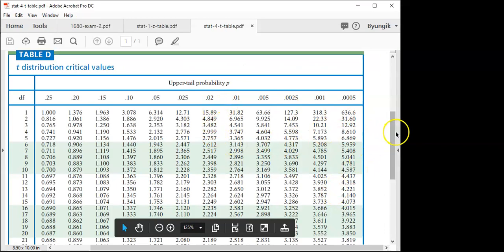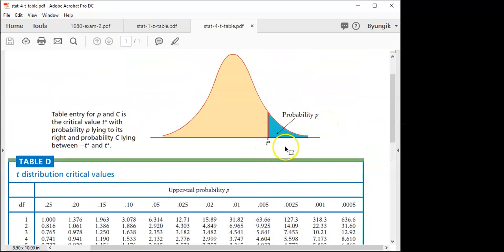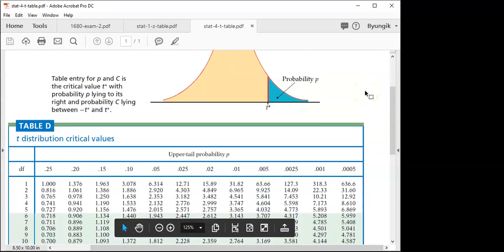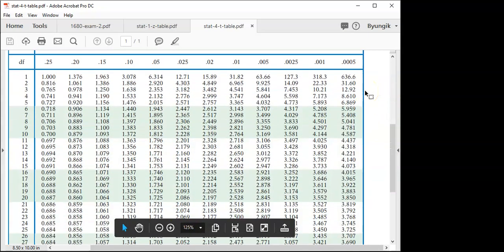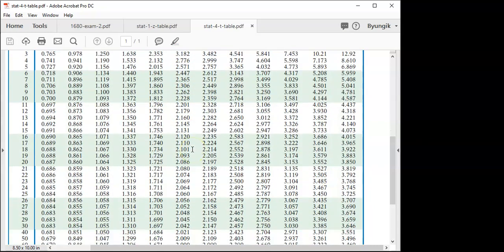Let's go over to this picture here. That part has to be 2.5%. The middle part has to be 95%. So 2.5% here, 2.5% the other way. So we are looking for this column, 0.025, and the degree of freedom column over here, where my mouse is, and the degree of freedom is 29.